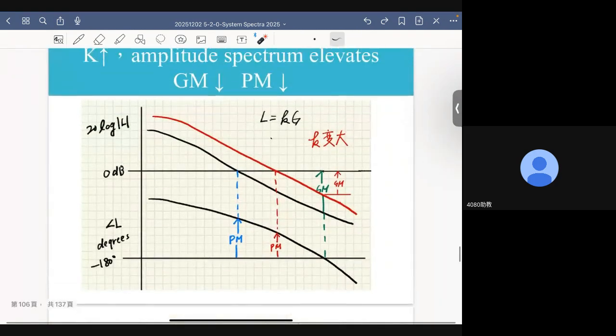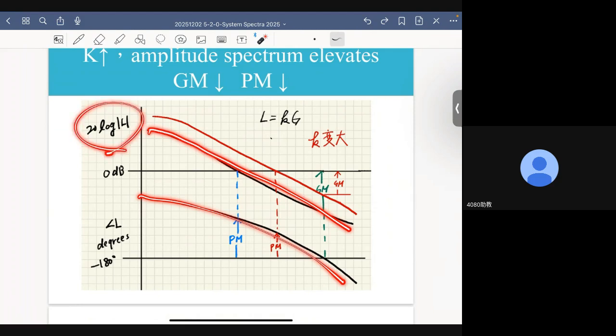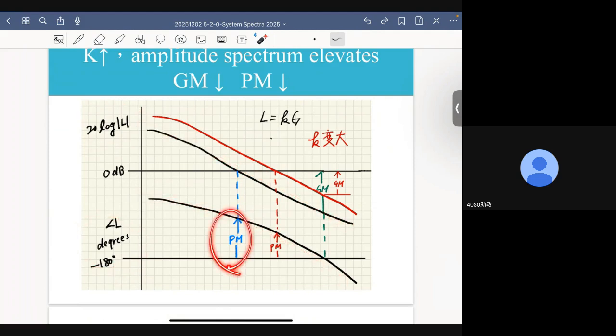So in that case, when K is equal to 1, I created these two plots for my Bode diagram of the loop transfer function. This is the magnitude plot. This is the phase plot. Now, based on the definition of phase margin and gain margin, I identified that the phase margin for my system is this. The gain margin for my system is this.